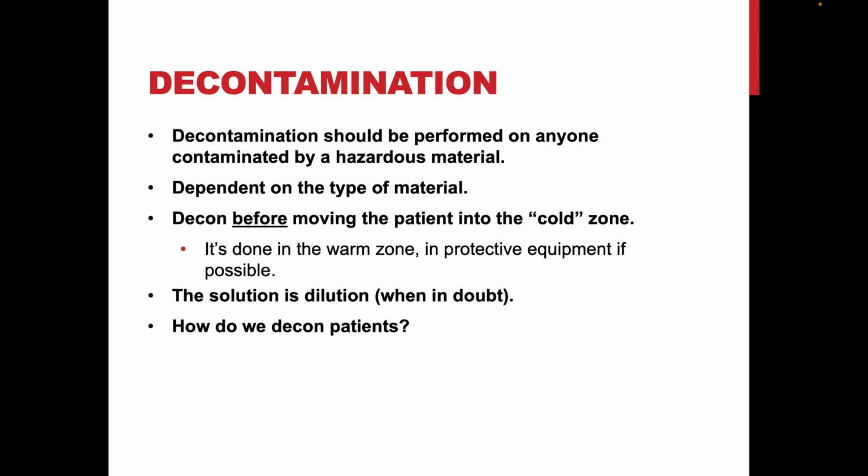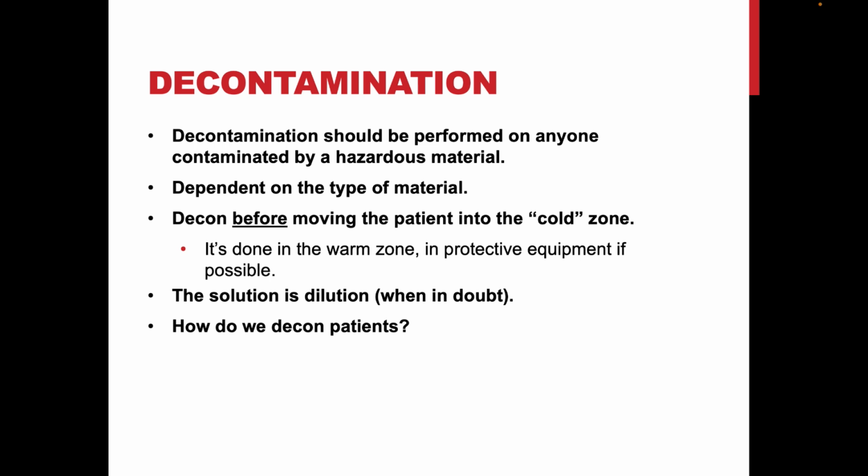When we talk about decontaminating people, it should be performed on anyone that's been contaminated by a hazardous material. And how we go about decontaminating them is going to depend on the type of material. For example, if what we're dealing with is primarily gaseous, simply moving the patient out of the gaseous environment and into fresh air may be all the decontamination that's needed.